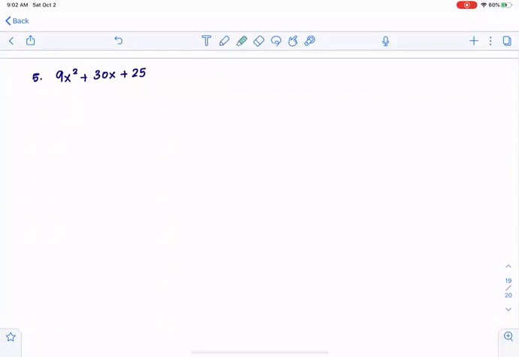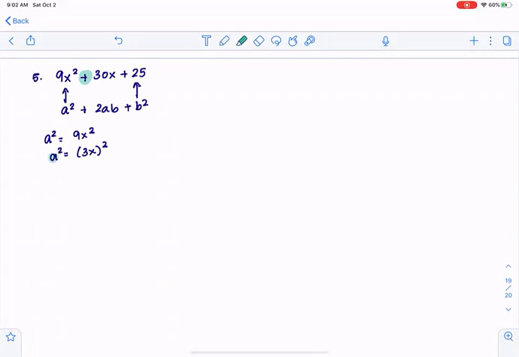So since we have a positive there, we have to compare it to a squared plus 2ab plus b squared. a squared would equal 9x squared. 9x squared is the same as 3x whole squared.